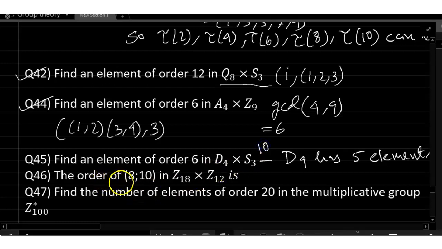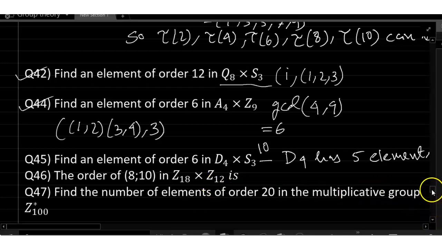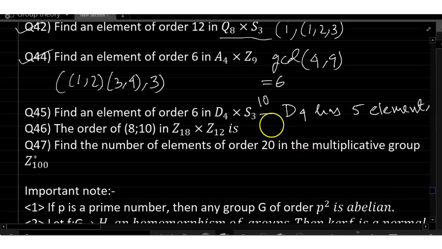So the order of 8, 10 in Z18 and Z12. Now this problem is very interesting. So 8 is 18. If we multiply with 5, then it is equal to 90.